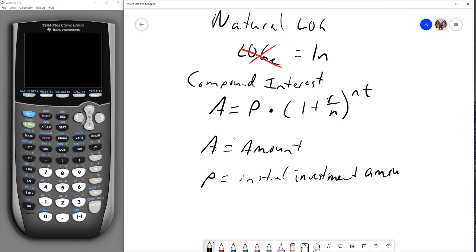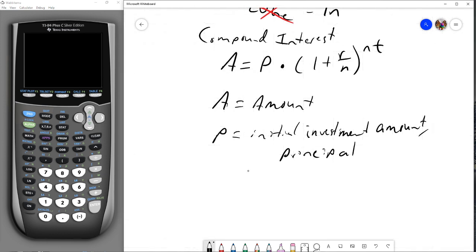A better word for that is principal. R is our interest rate.